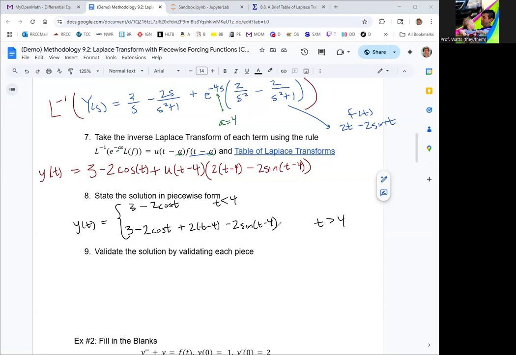And when we talk about validating, we would validate one piece at a time just because of, again, how are you going to type something like that into technology? So we'll think of the solution as just being the first piece, and then it should match up with the first piece in the forcing function in the original ODE, and then same for the second piece.